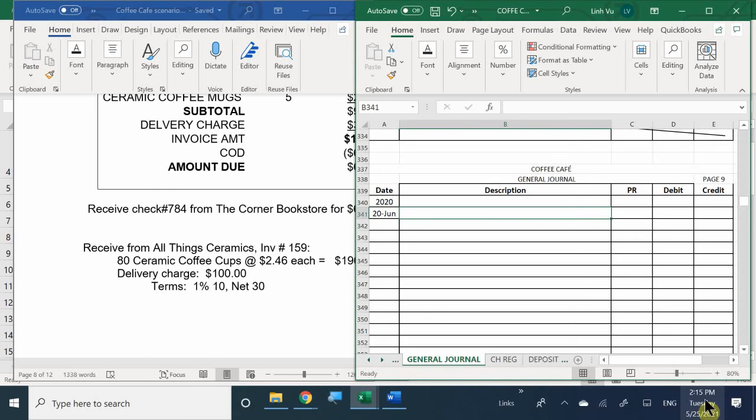Good, because we just talked about this, right? We keep track of our cups using the periodic tracking method. So therefore, I'm going to recognize this purchase of inventory as an expense. So we have purchase expense.